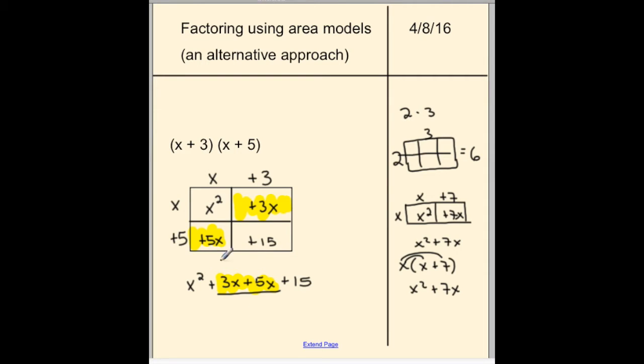So my 4 area pieces look like they're only 3 pieces, but in reality, that middle term, that linear term, is a combination of those 2 boxes or those 2 terms. When I factor, I'm going to work my way backwards. I'm going to start with the area of the block, and I'm going to find out how long are the 2 lengths that were multiplied together to give me that area.